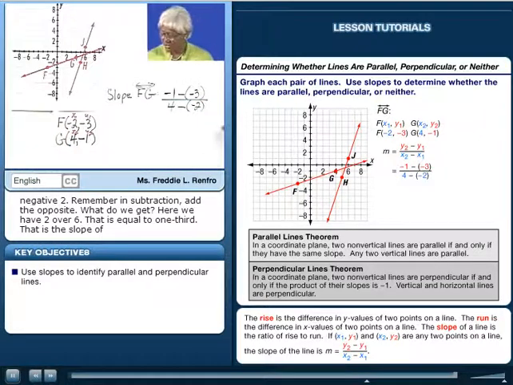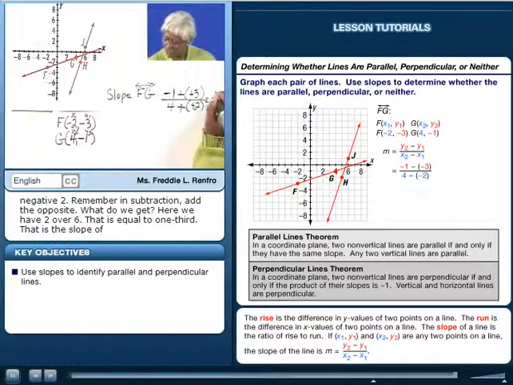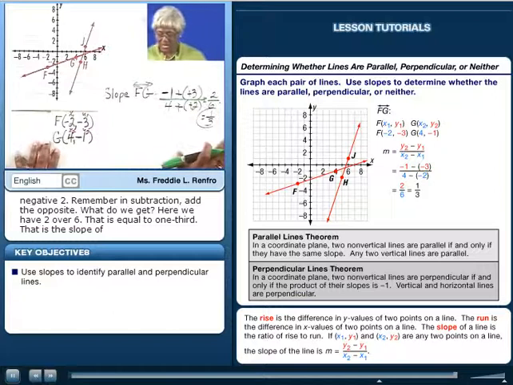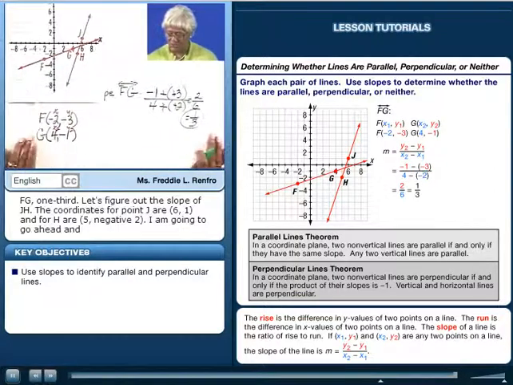Remember, in subtraction, add the opposite. So what do we get? Here we have 2 over 6, and that's equal to 1/3. So that's the slope of line FG, 1/3.